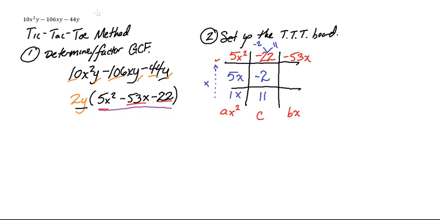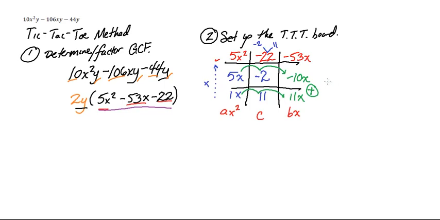Now we multiply across. I multiply 5x and negative 2, and I end up with negative 10x, and then I multiply x and 11, and I get 11x. Now I add these together, and when these equal negative 53, I'm done.